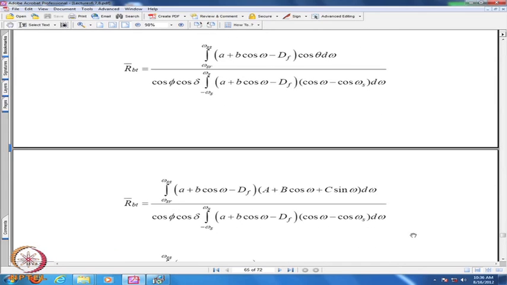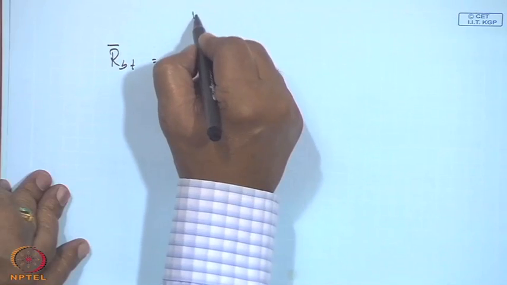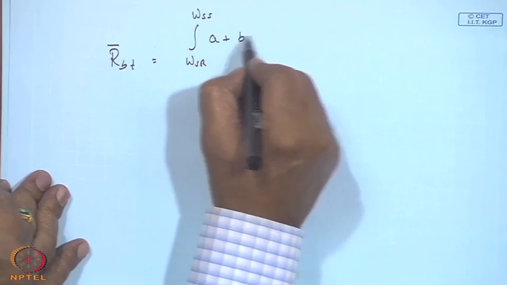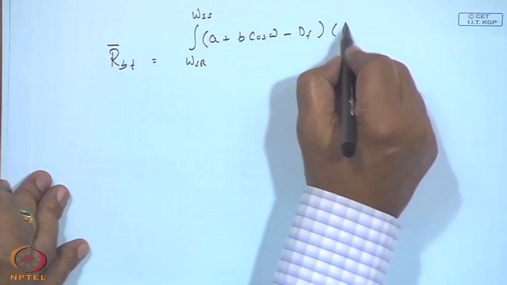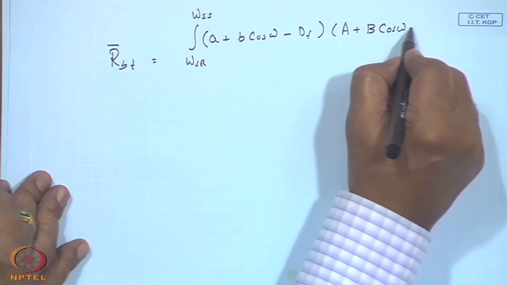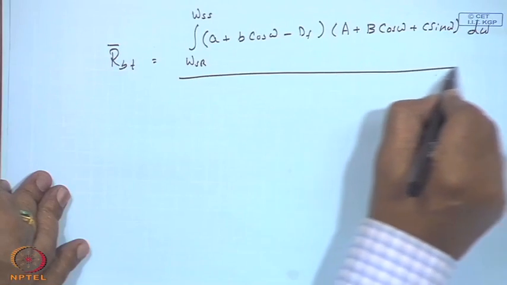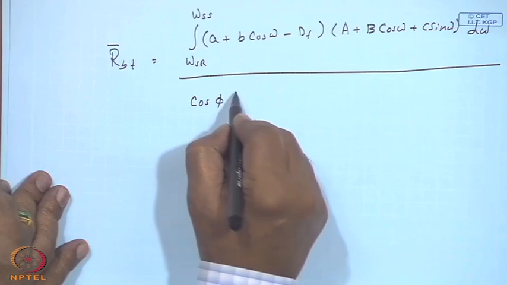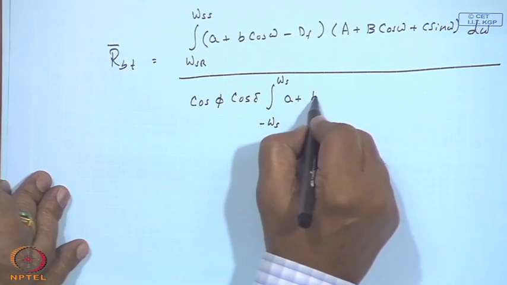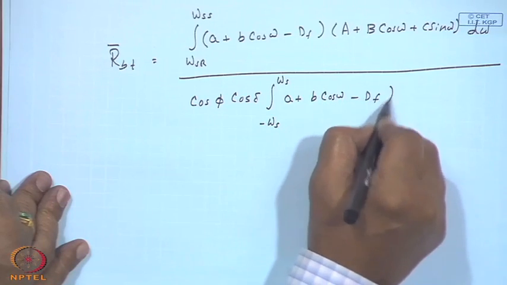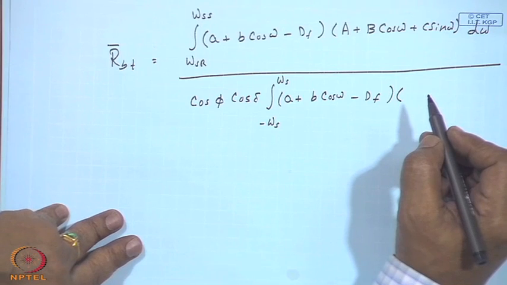Now, if you express it in a neat form, mind you, as far as this integration is concerned, a is a constant, b is a constant and d f is a constant.